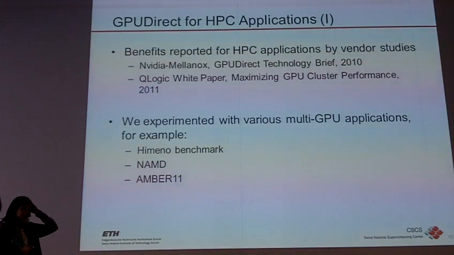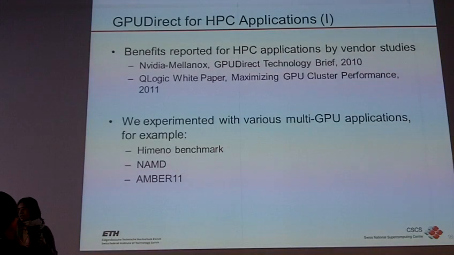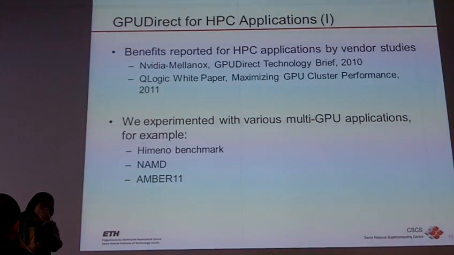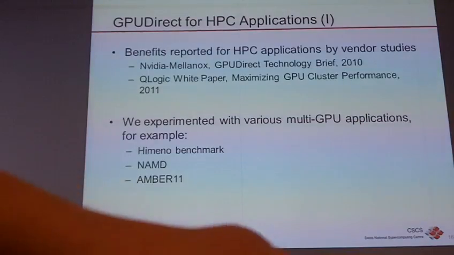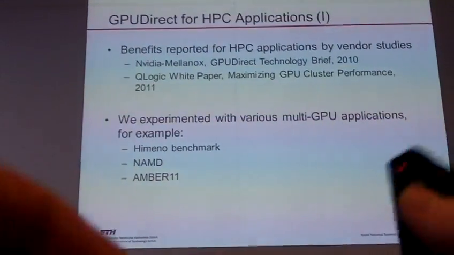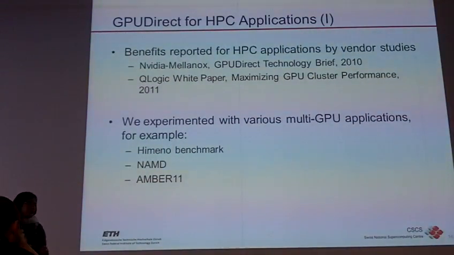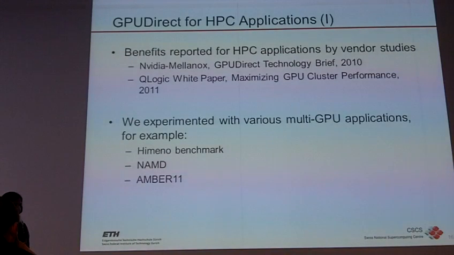So after understanding how things work, how they should work, and where the soft spots or thresholds are, we went in because online you find a lot of claims that you should see a lot of benefit on applications. You can easily find papers where under certain configurations you do see good performance benefit.